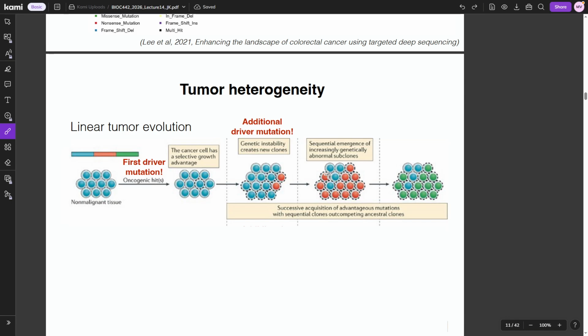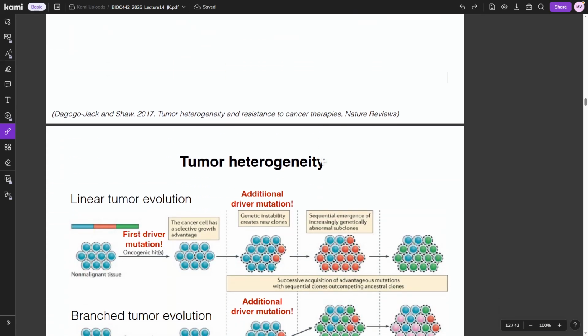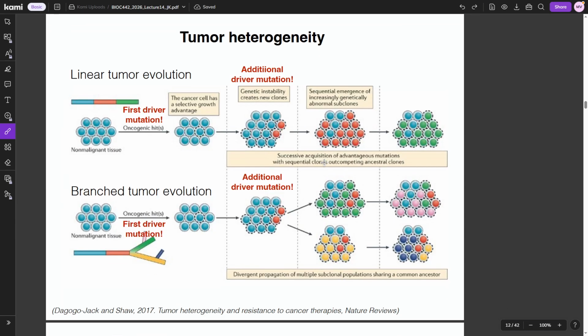Because the new ones have these newer mutations that are more favorable for cancer cells. And so the old cancer cells will eventually die off, but these new cancer cells will continue to thrive and reproduce. So it's just evolution, right? Evolution, this idea that the genetic composition of a population, or the allele frequencies, change from generation to generation, and that is exactly what is happening in this case.